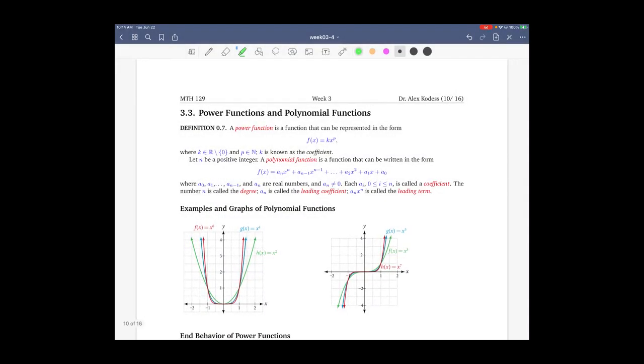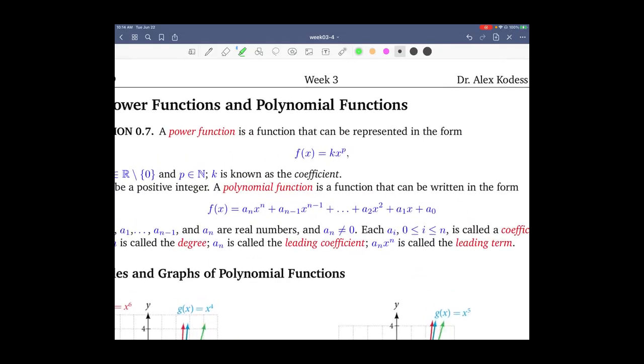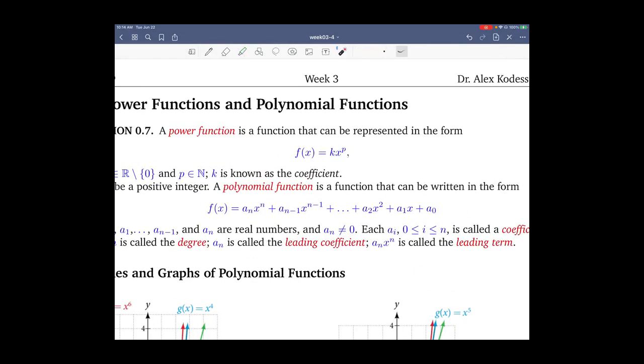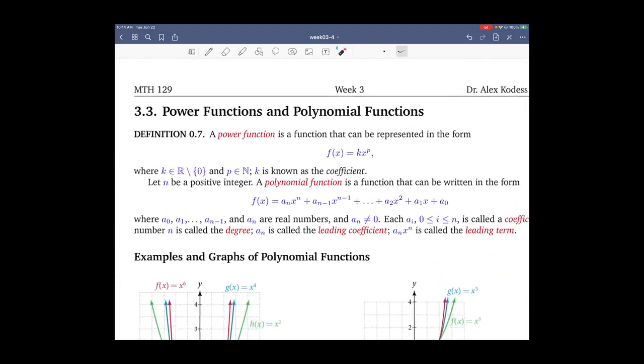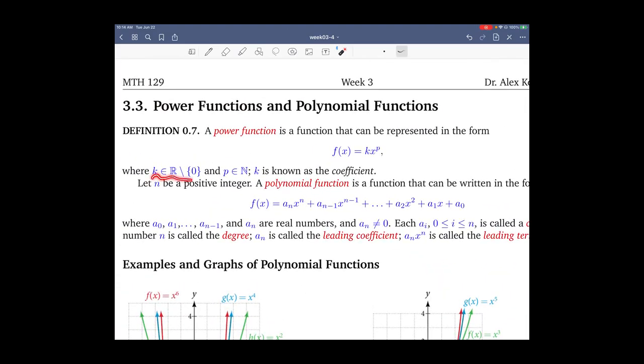Let's start with the definition. By a power function, we mean a function of the form constant times x to a natural power. So when I write k times x to the power p, I mean here that k is a non-zero constant, a real number that is not zero, and p is a natural number.